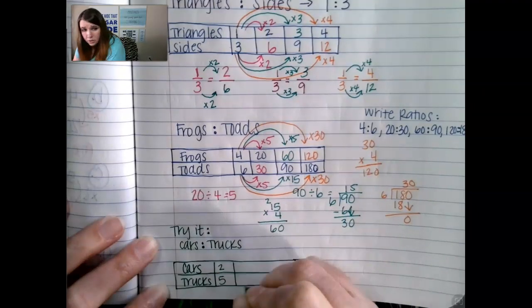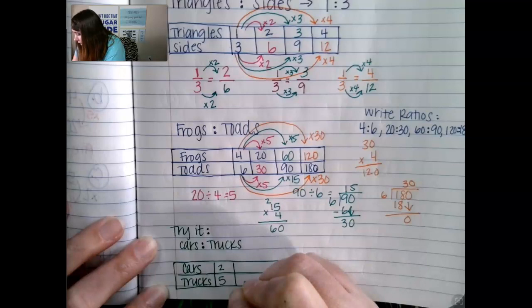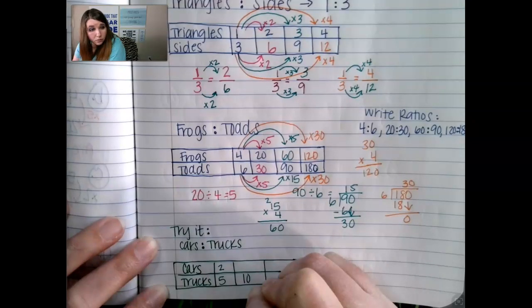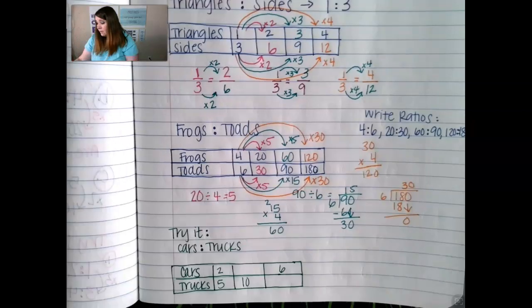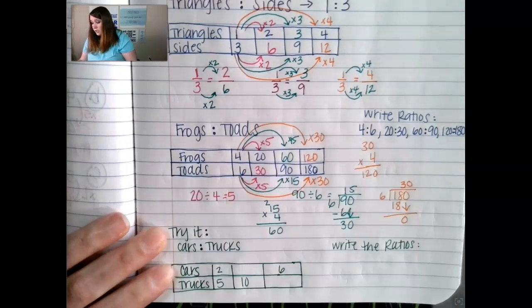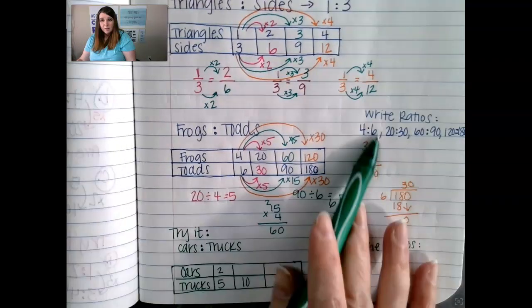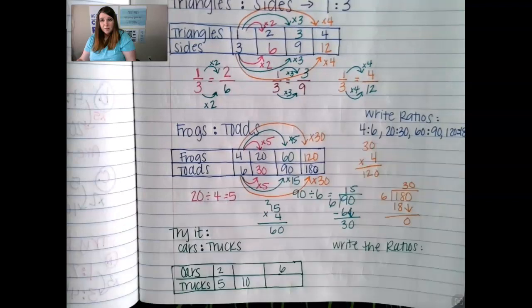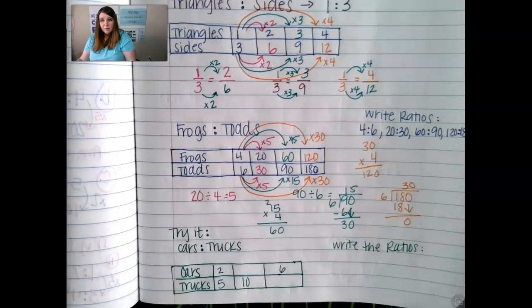They want to know when we have 10 trucks, how many cars do we have? And when we have 6 cars, how many trucks do we have? And then I want you to write the ratios. Okay, so first find equivalents and then write the ratios just like we did up here. All right, 6th graders, go ahead and hit pause right now so that you don't hear me solving the problems.